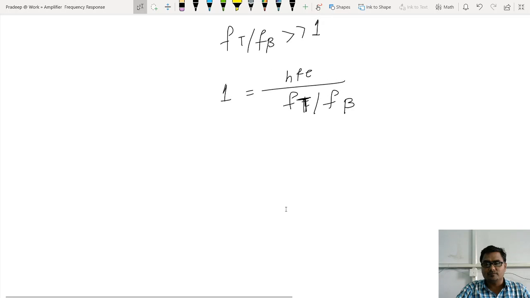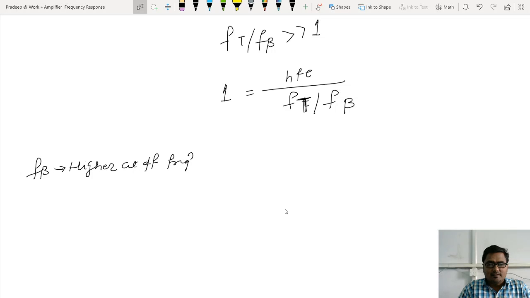What is that? F beta we have seen. F beta is a higher cutoff frequency. Higher cutoff frequency we usually refer to as FH. But as it is a hybrid pi model, we have given a different notation for that higher cutoff frequency. We have referred to it as f beta or FHFE.